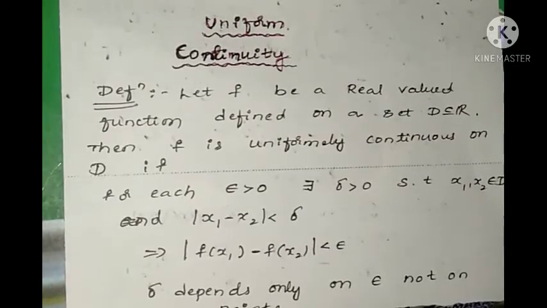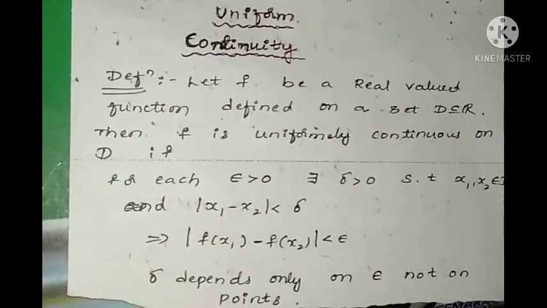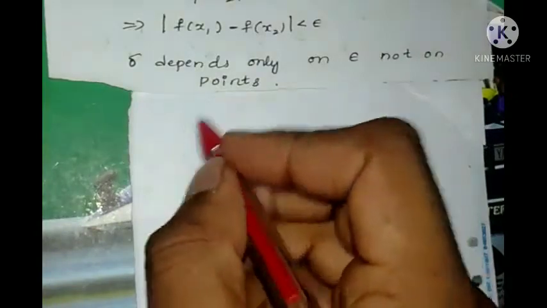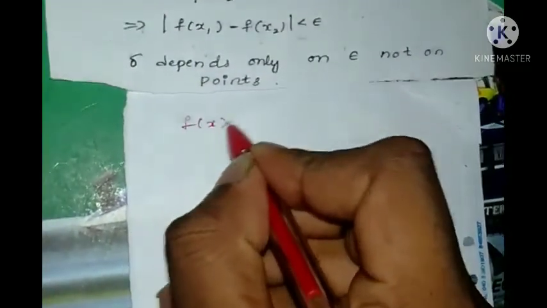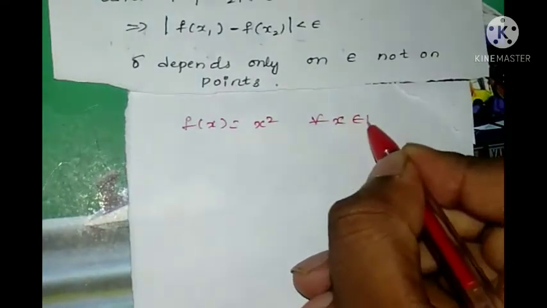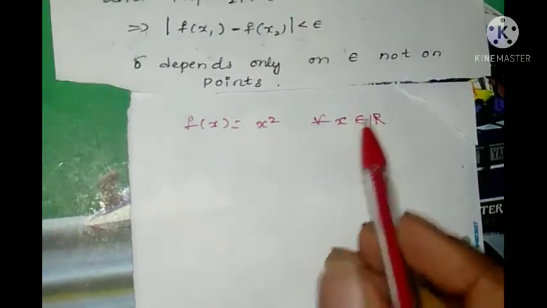Okay, now we take one example to clarify this definition. Suppose the function f of x is x square for all x belongs to R, this is the domain.